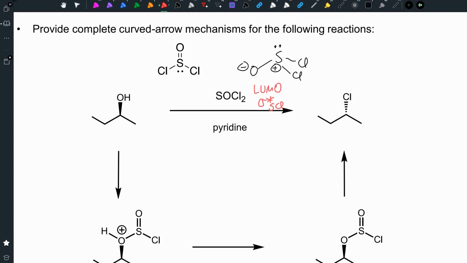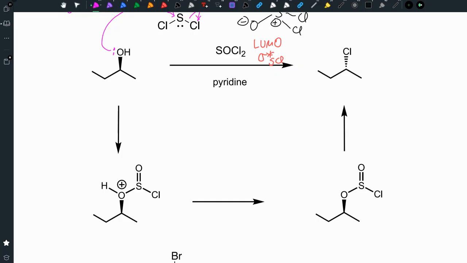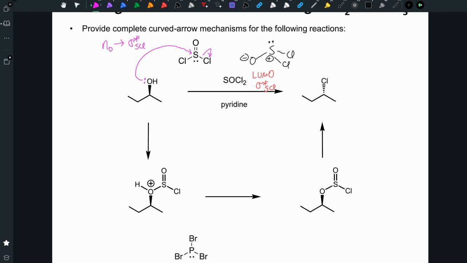So when an alcohol encounters thionyl chloride, the alcohol does have a lone pair, and that sulfur is pretty electron hungry, right? And so what you have is the oxygen lone pair donating to sigma star SCl to create this intermediate down here.